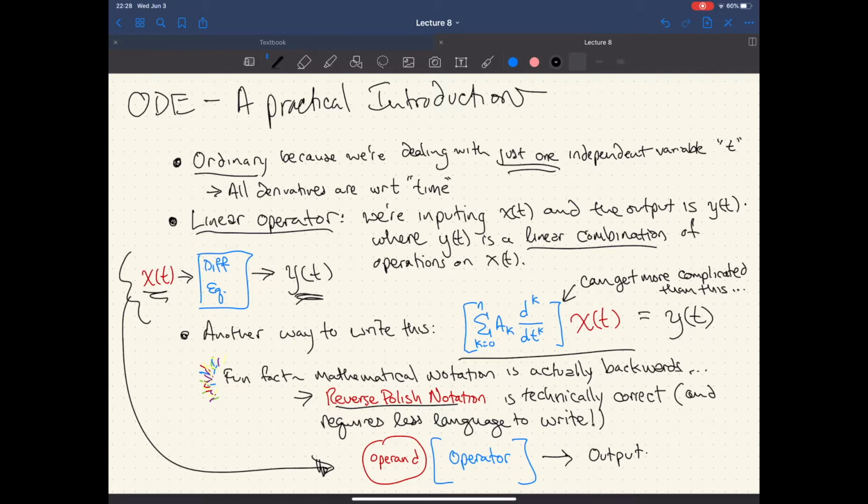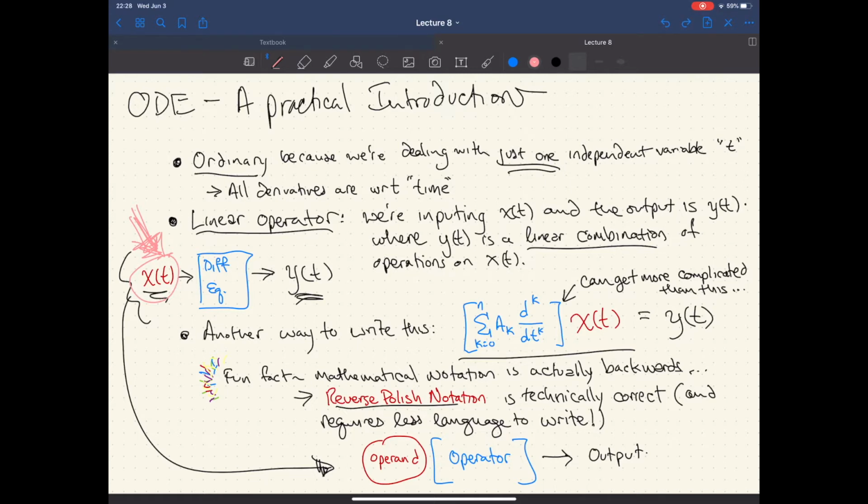But basically, all the math notation that we use is completely backwards. When you think about it, we read from left to right. And in fact, when we write a diagram, this is the first thing that comes to mind when we talk about operators, right? You have an input, you stick it into an operator.